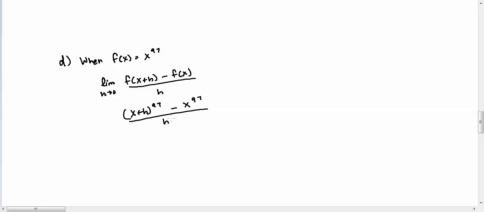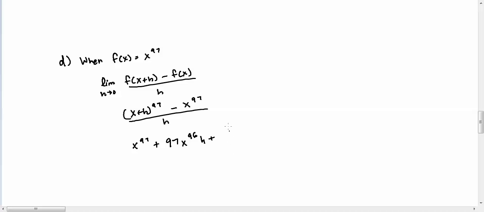Now, according to your thing, x to the 97th power is going to have an x to the 97th power there, right? And then you said it's going to have a plus, and then what? Plus 97 x to the 96th power h.